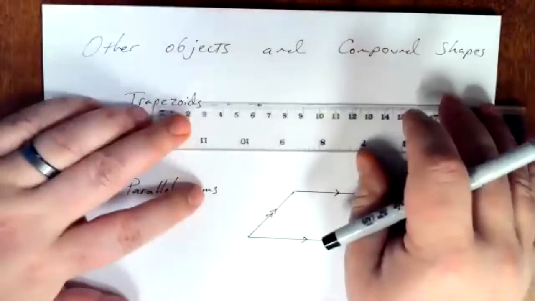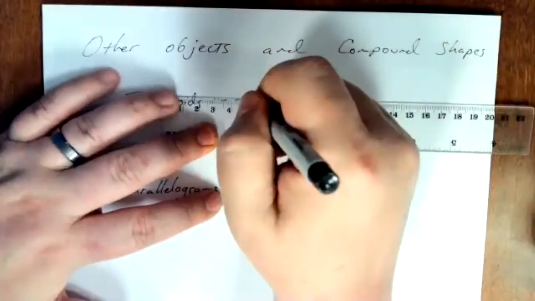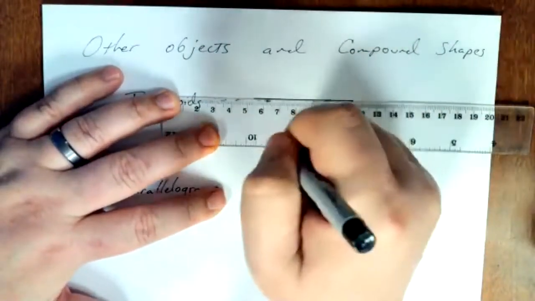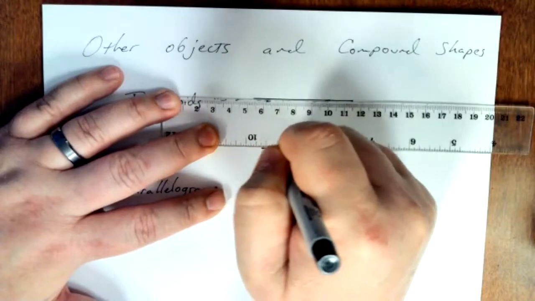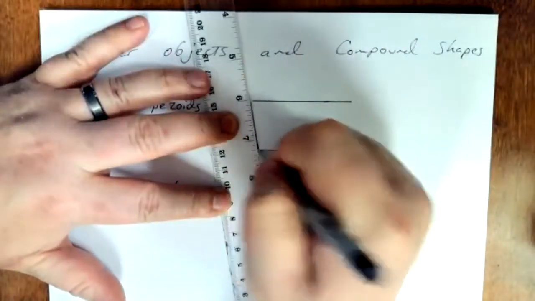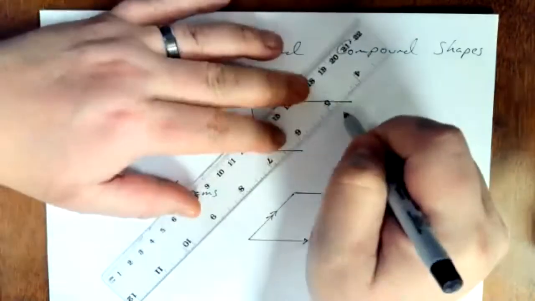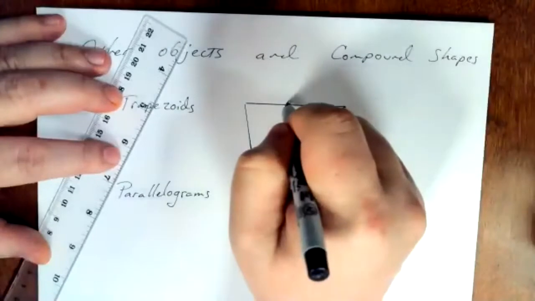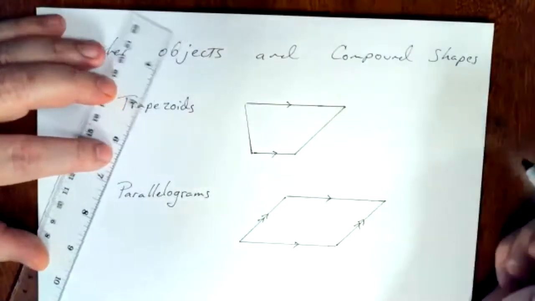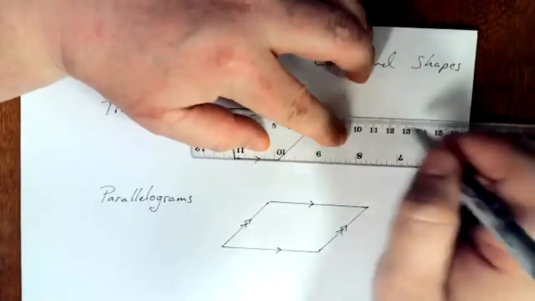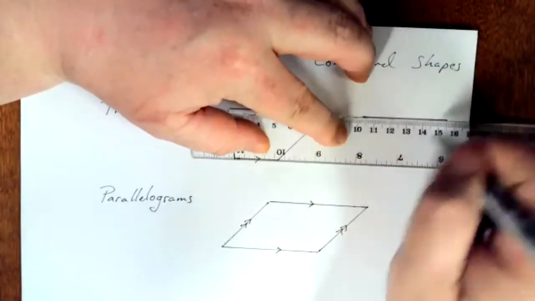And a trapezoid, I think you've all also seen. A trapezoid has one pair of parallel sides. The other two sides can be the same or different, and I'm going to give you an example of that.